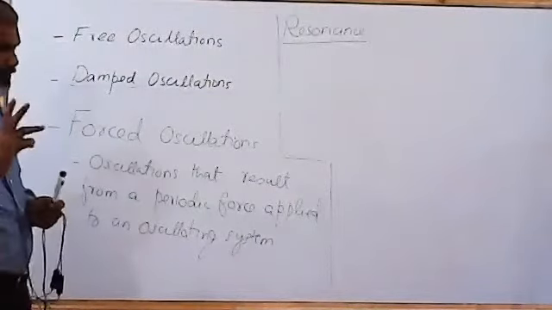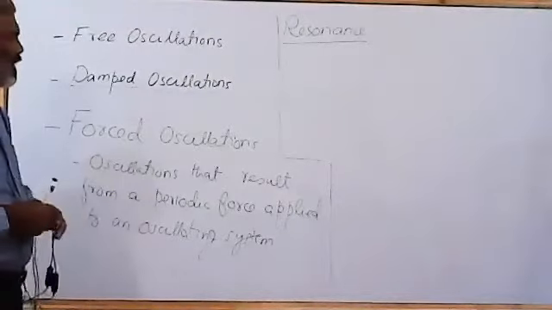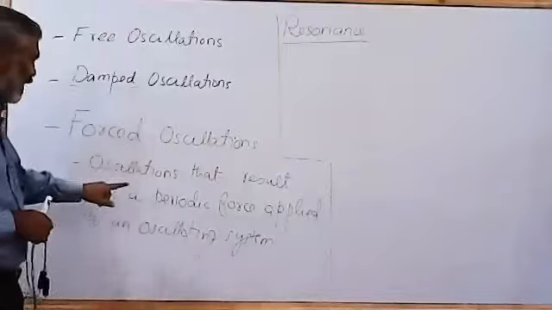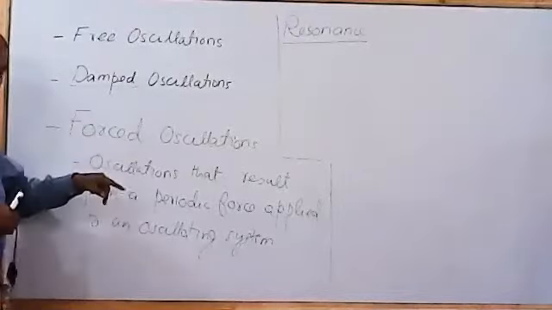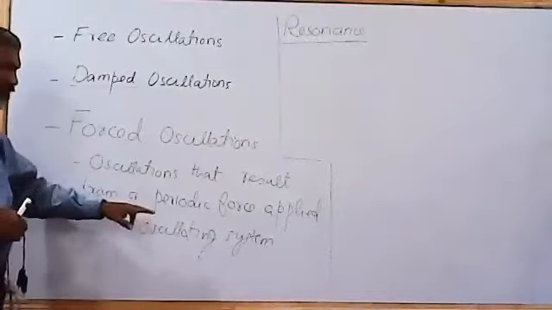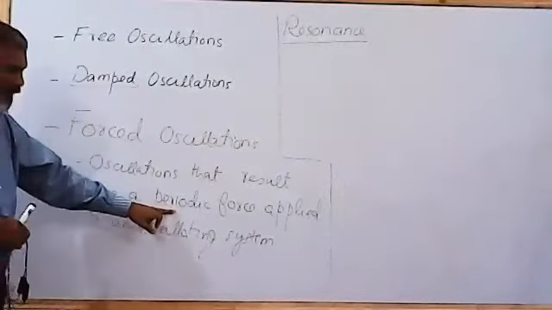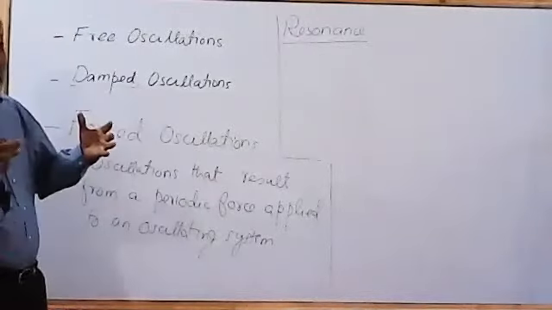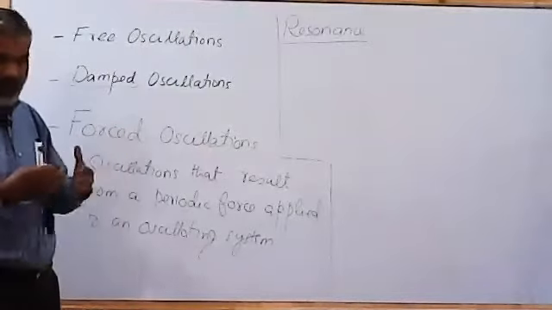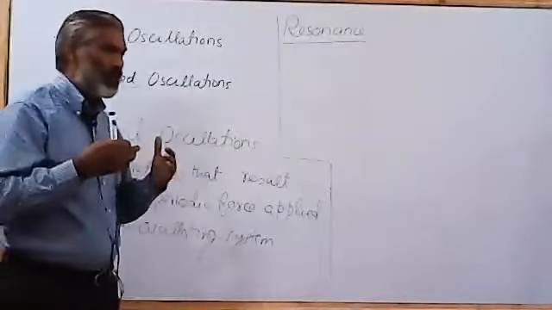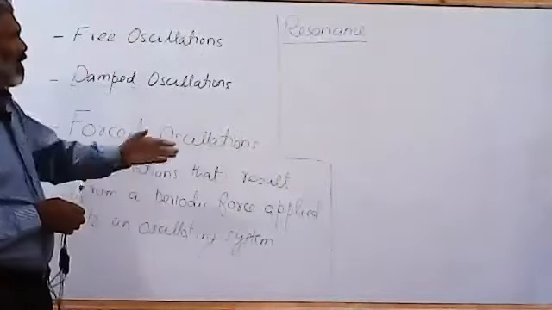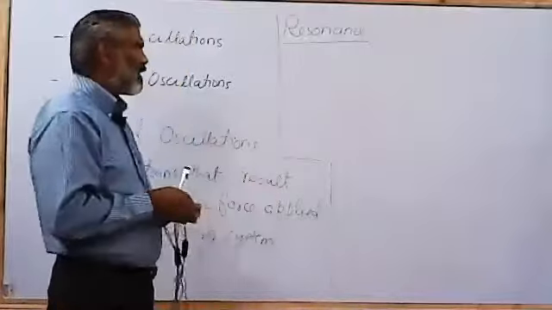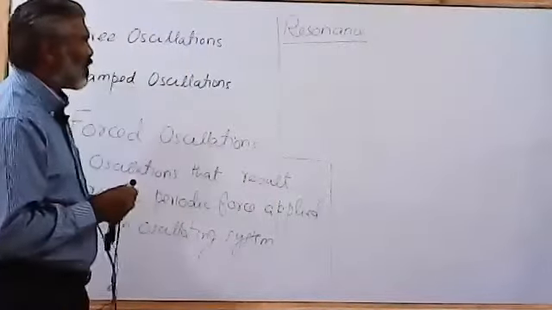So there are two frequencies present now. One frequency is the natural frequency of the system with which it is already oscillating, and the other frequency is the frequency of that force that we are referring to here, the periodic force. If the frequency of these two things match, it becomes almost equal, then there is a dramatic increase in the amplitude of the system undergoing oscillations, and that is known as resonance.